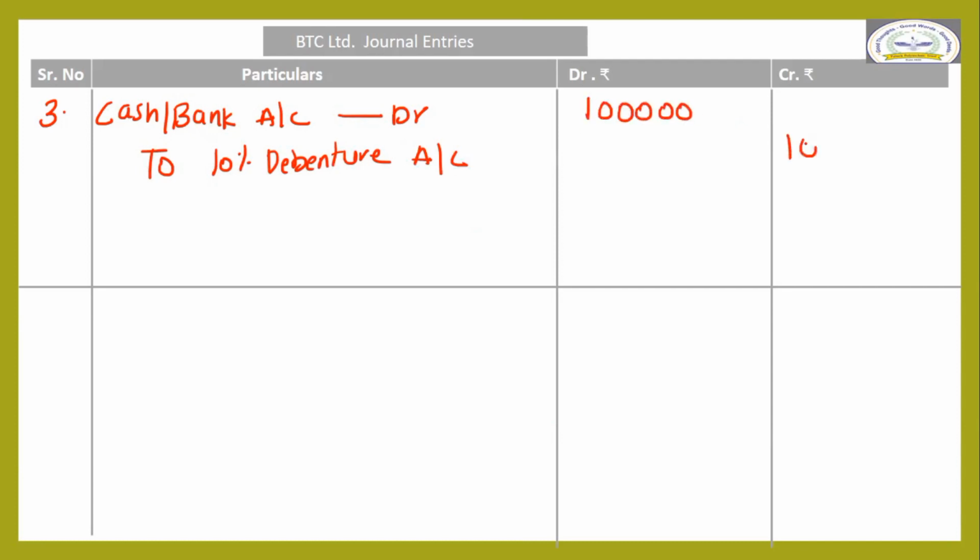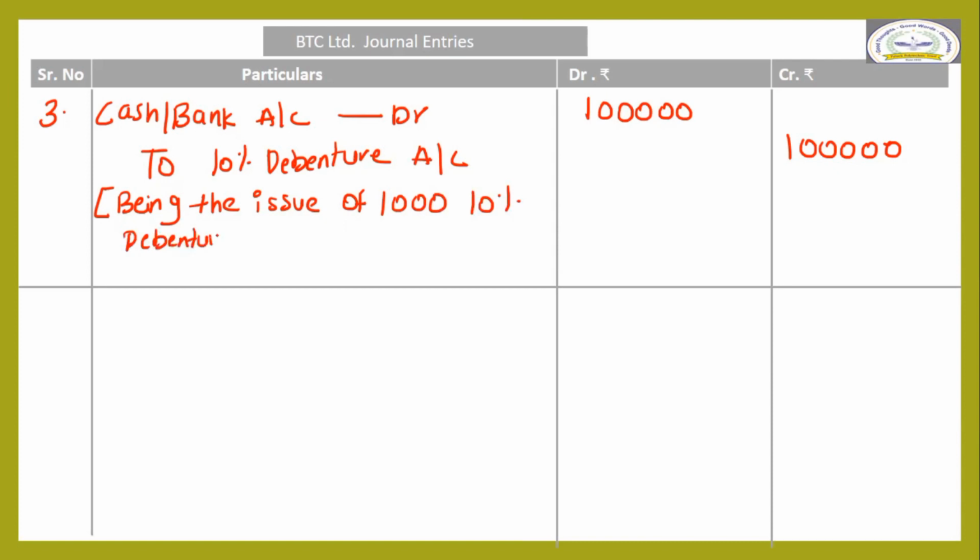We write 1 lakh rupees on both sides, debit and credit. And here we write the narration: being the issue of 1,000 10% debentures of rupees 100 each.